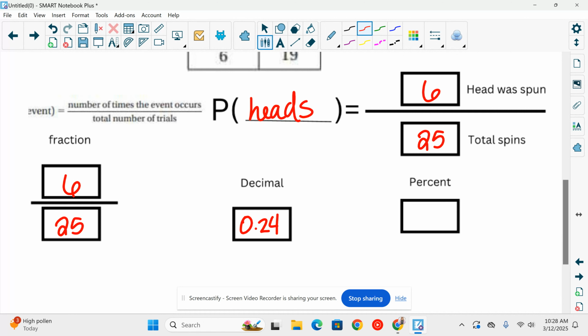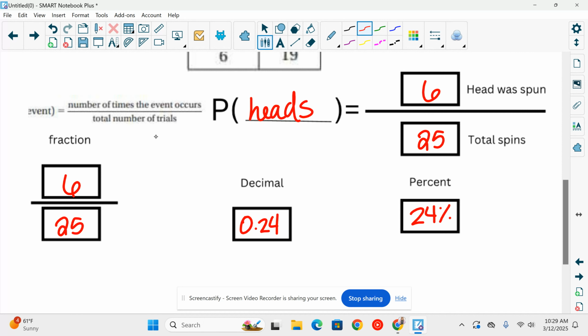What does the fraction also represent? Division. So could I just do 6 divided by 25? Yeah, if you put in your calculator 6 divided by 25, it's going to give you 0.24. Alright? And then convert to a percent would be 24%.